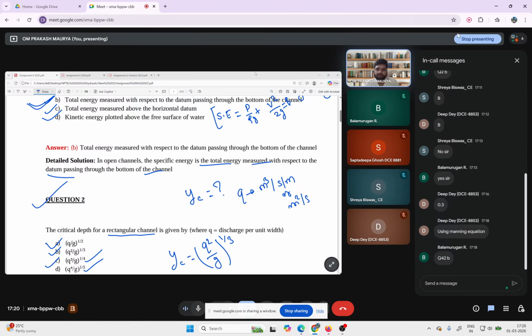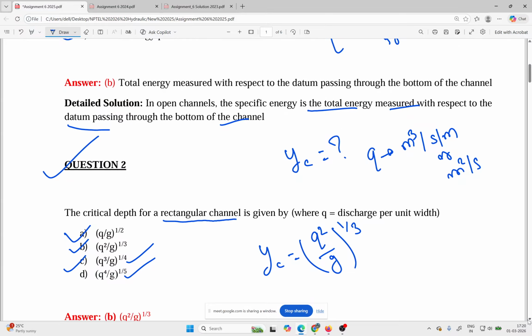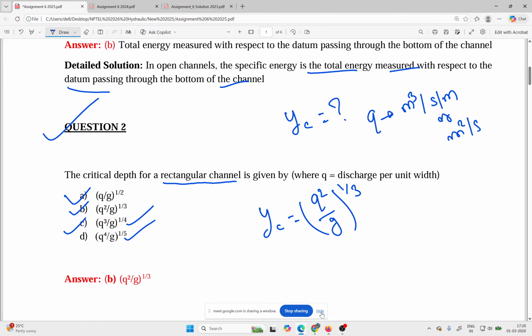Okay, nice. So now we have the question. Let me just explain in a very simple way. Wide rectangular channel you have means your B is very much greater than Y. Means when you calculate the R value, that is your hydraulic radius, A by P, area by perimeter.